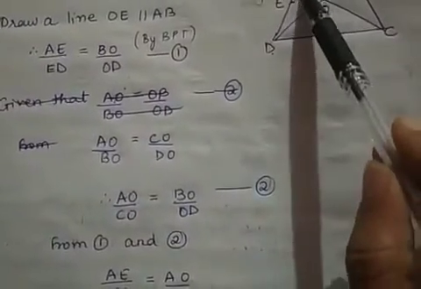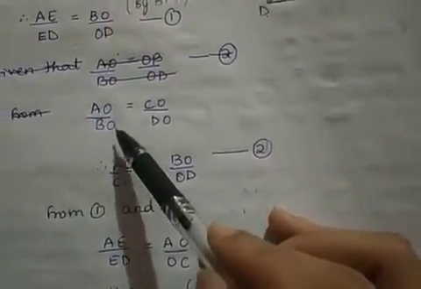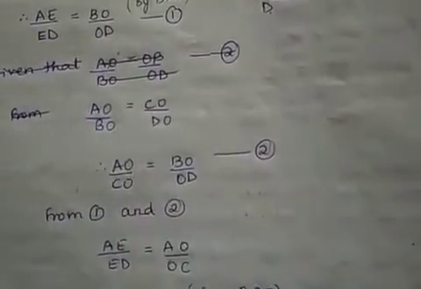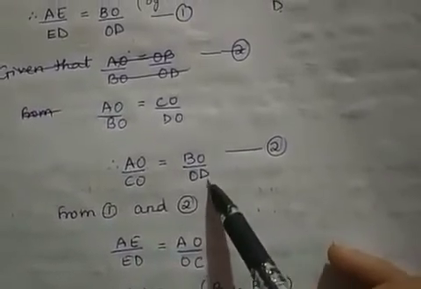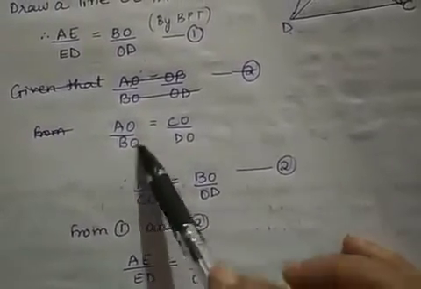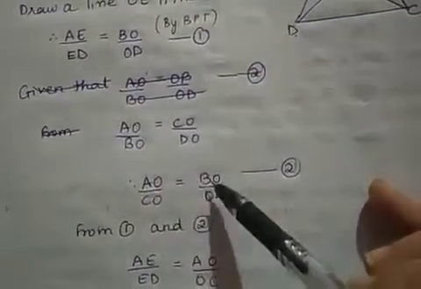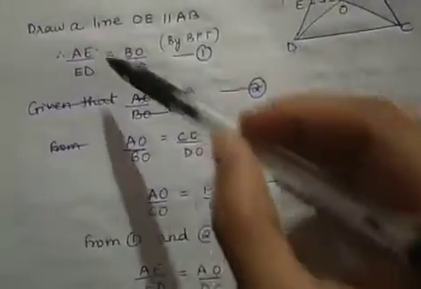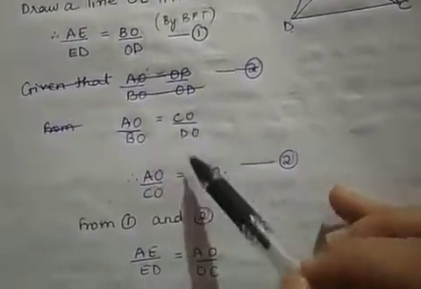So I am taking AO upon CO. Okay, I am getting this term here and taking this term on top, interchanging the terms. I get AO upon CO is equal to BO upon OD. What is the reason I am doing this? Here I have BO upon OD. So here also if I take BO upon OD, then I can equate these two. That is the reason I have interchanged the terms here.